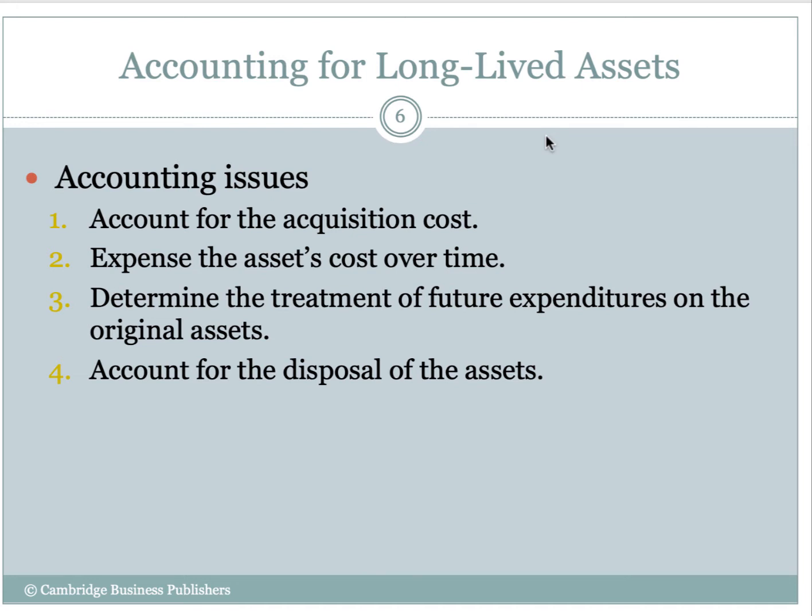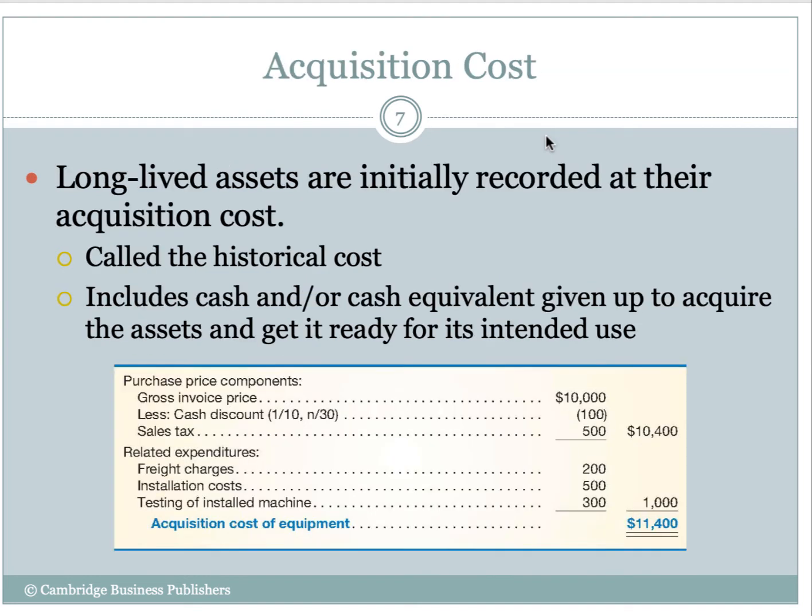We looked at land improvements. If we have a future expenditure on the original asset that adds value to the asset, we need to keep track of it separately on our accounting books. We'll get into accounting for the disposal of assets towards the end.